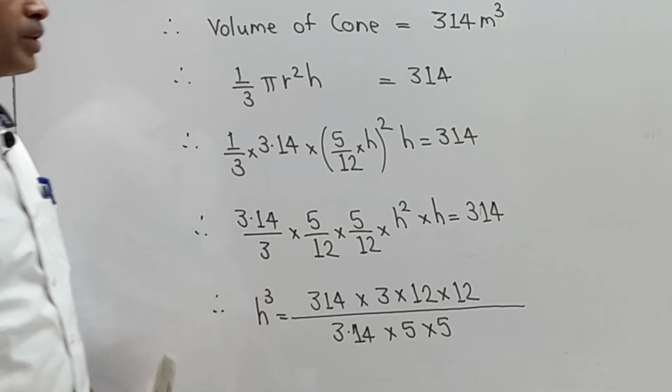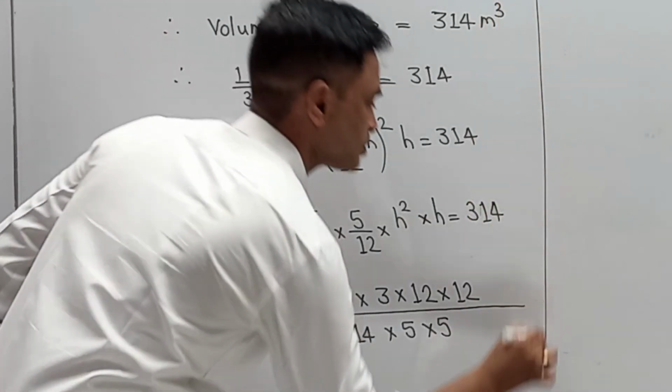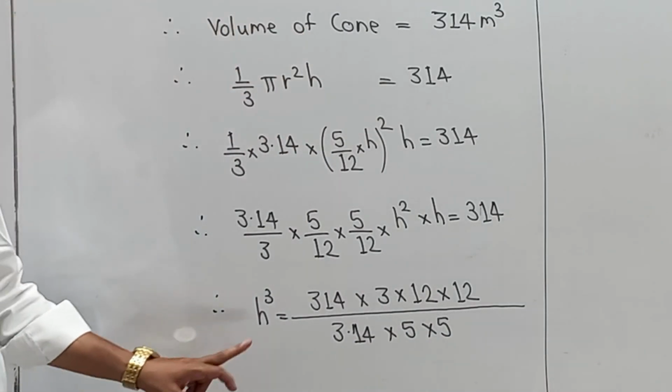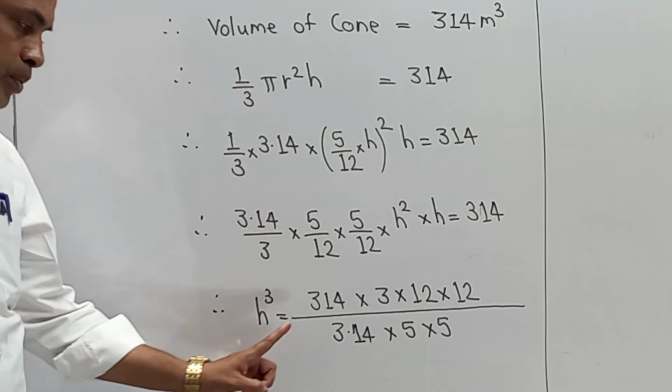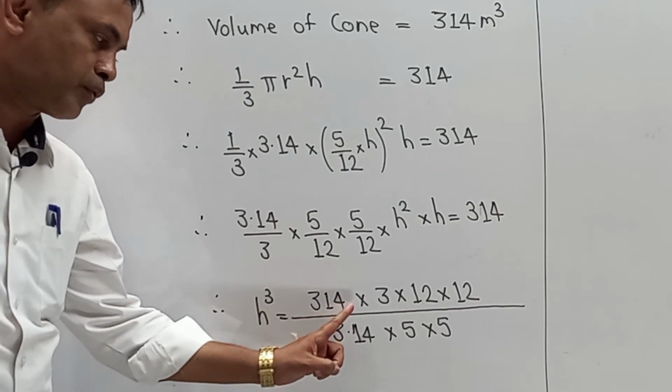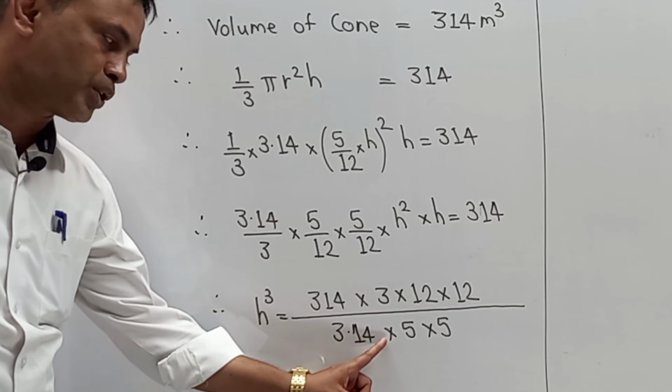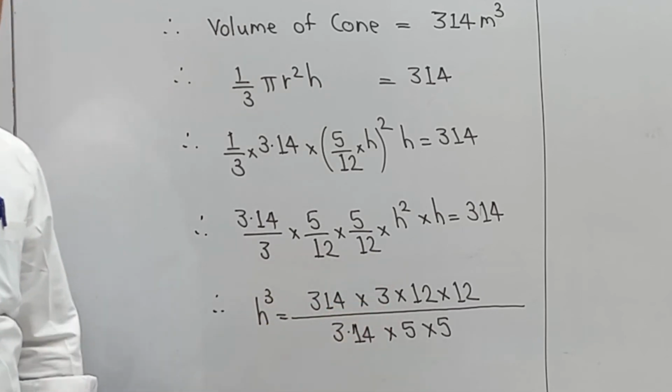Now the next step. I am going to shift this entire value upstairs so that everyone can understand the part. So h cube, I am writing the first step: 314, shifting these 2 digits over here, automatically the numerator 100 becomes multiply by.